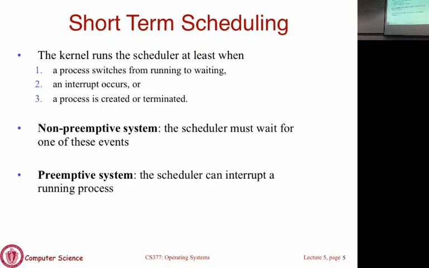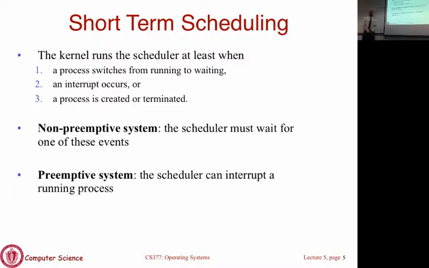Once you schedule a process on the CPU, until one of those three things happens, the scheduler will just let that process run. Either the process is going to do an IO, or it's going to terminate, or there's going to be an interrupt. Unless one of those happens, the process can run for an arbitrary amount of time. The scheduler will do nothing. It's not going to preempt that process. That's why it's referred to as a non-preemptive system.